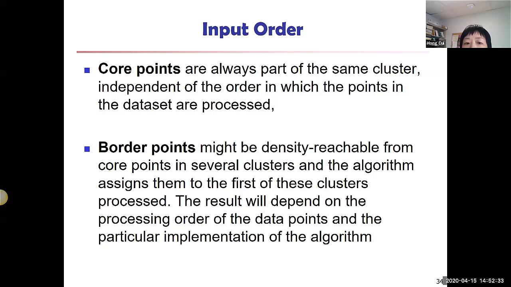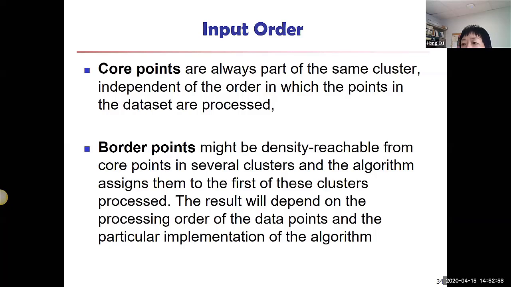Input order. The core points are always going to be the same, no matter the input order of your dataset. Remember, we start with a random point and we read through. We scan its nearest neighbors and go to other points in its neighborhood and expand, and we grow the cluster that way. The input order does not affect core points.